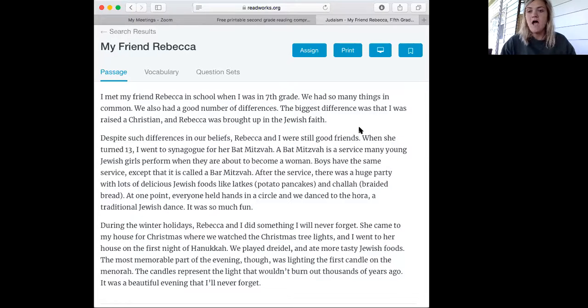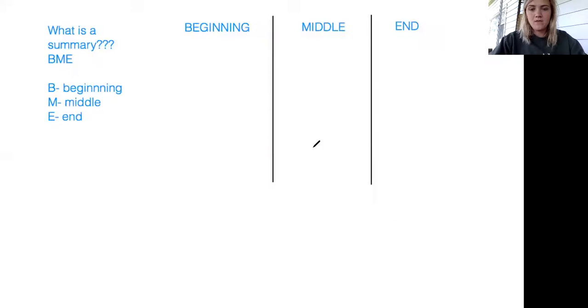All right, so an important key detail out of there was that our narrator met her friend when she was in 7th grade, and the biggest difference between the two of them was that she was raised a Christian and Rebecca was raised in the Jewish faith. So let's go back to our whiteboard and write that down. I'm going to get my text box and we're going to put that here.